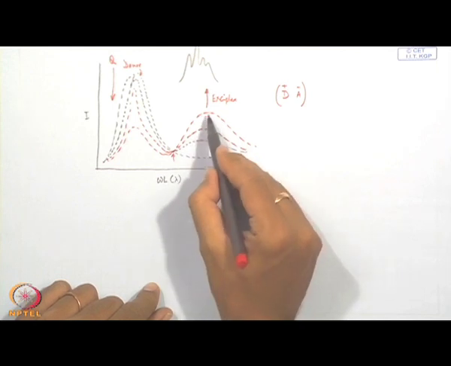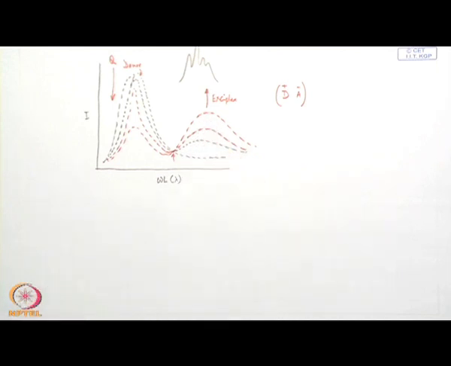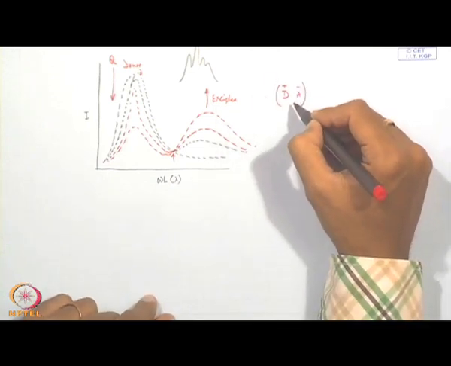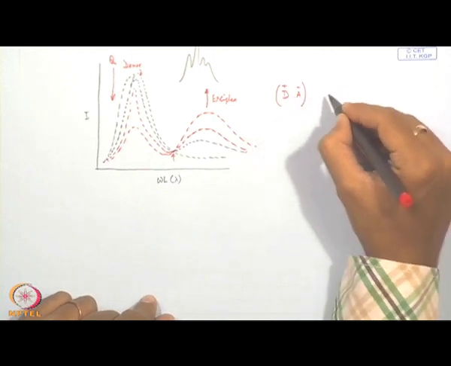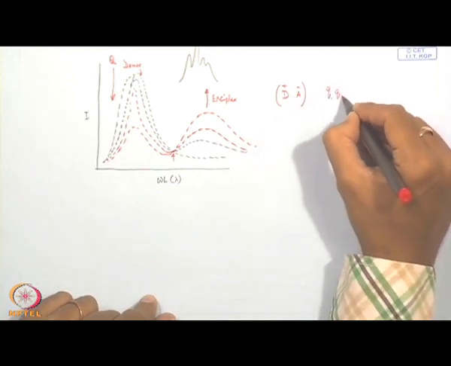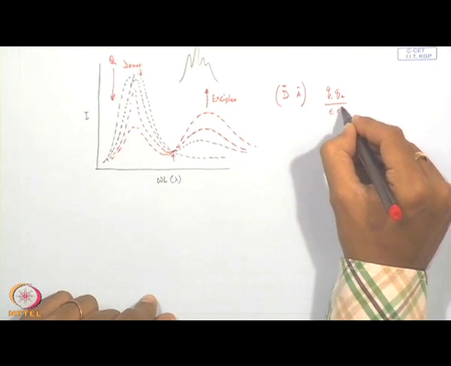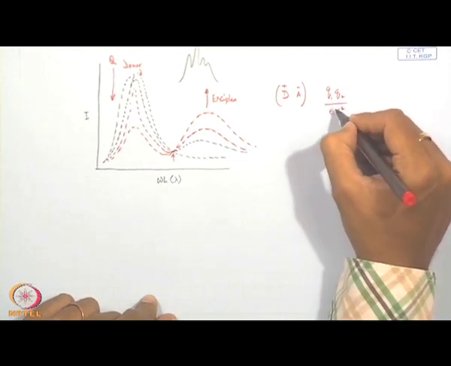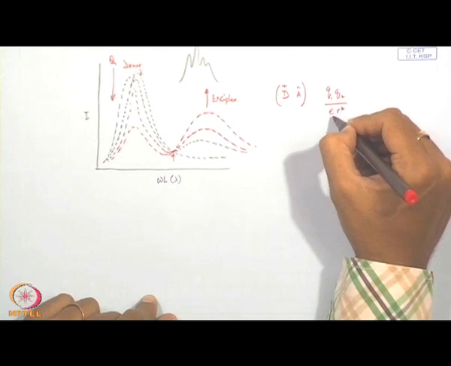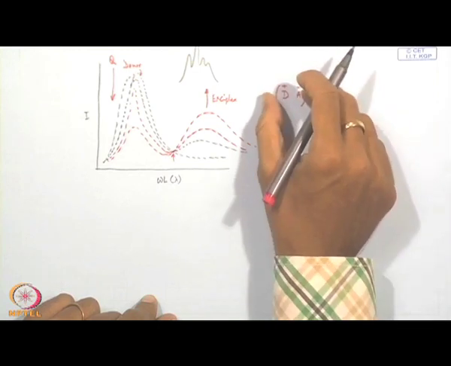Therefore, this band will be solvent sensitive, and also the fluorescence intensity will be solvent sensitive. Okay, because if we increase to a high polarity solvent, then the Coulombic interaction, which is Q1 Q2 by epsilon r square, will be reduced, and therefore, they will separate.